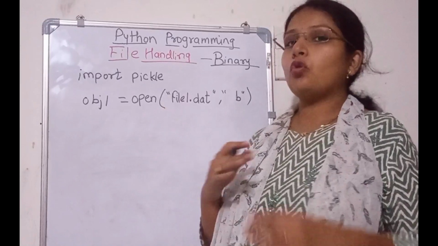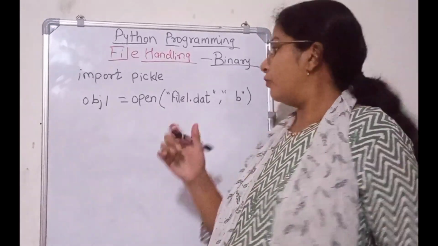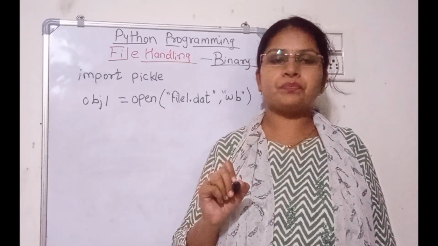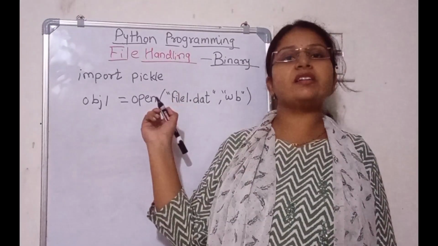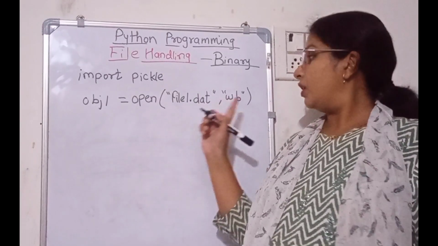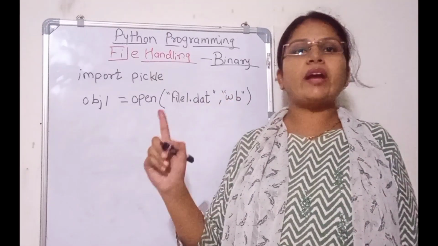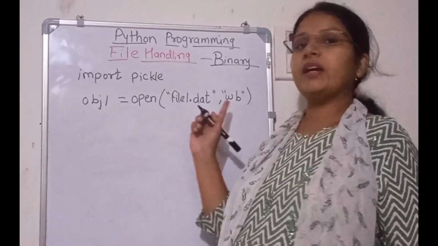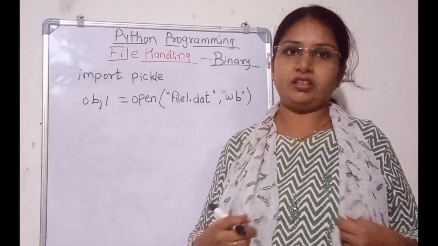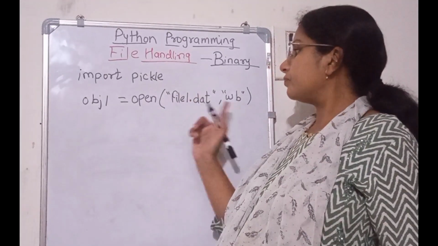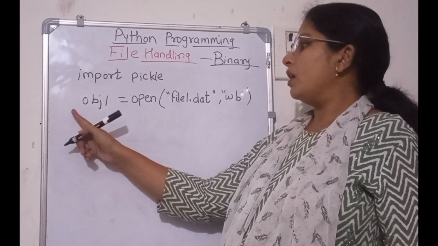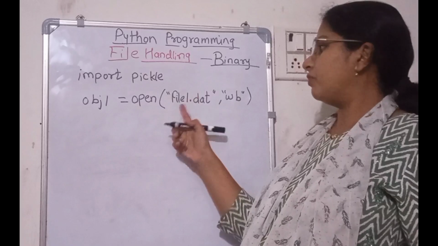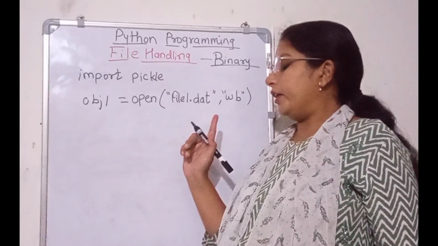So before opening any file to read, first we open the file in write mode. Why? Because even if the file doesn't exist on your computer system, with write mode a new file will be created in the same location. So in that way I am taking object1 is equal to open function, file1.dat in write mode.